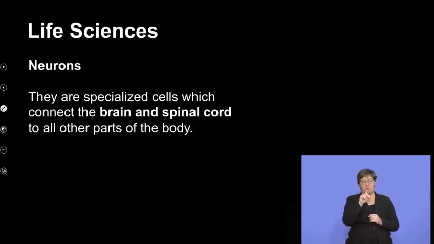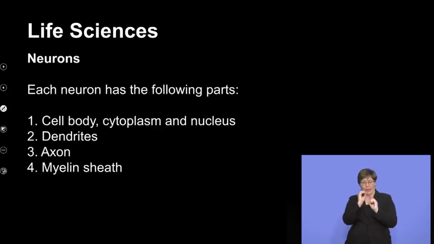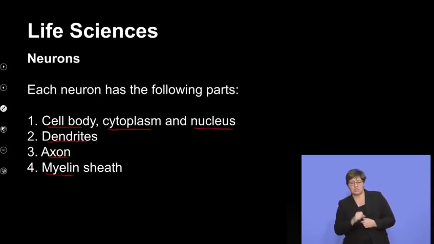So what is a neuron? They are specialized cells which connect the brain and the spinal cord to the other parts of the body, right? So they are cells, they are microscopic little things. Now you've got the following parts, and these are the only parts that you need to know: the cell body, cytoplasm, nucleus, dendrite, axon, myelin sheath.